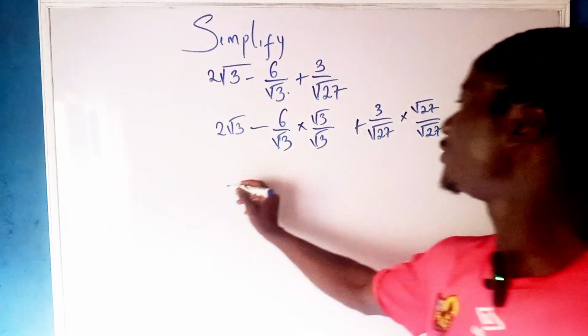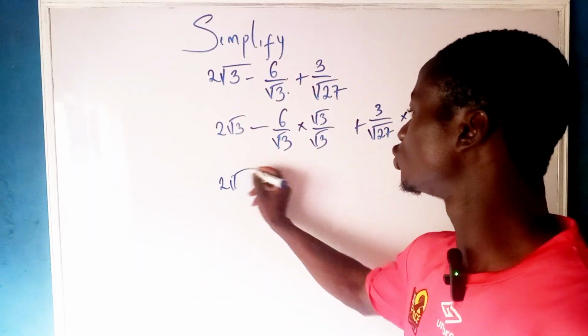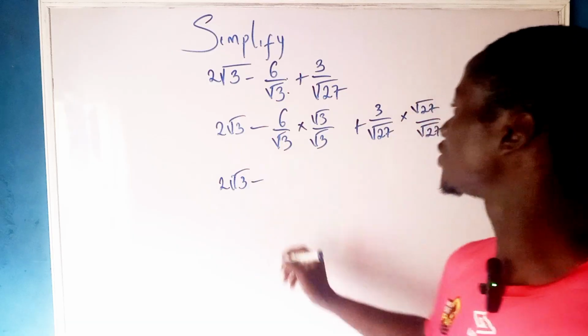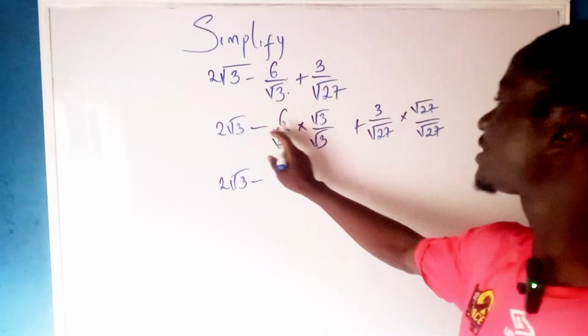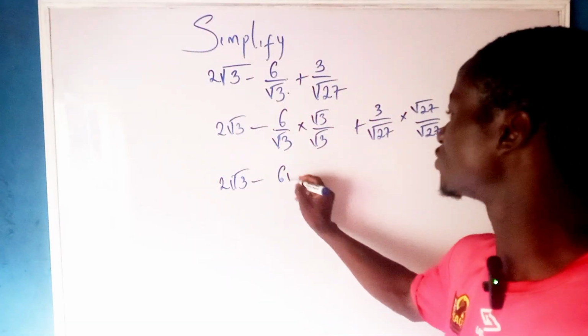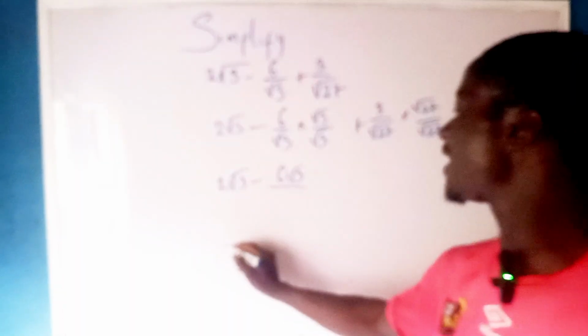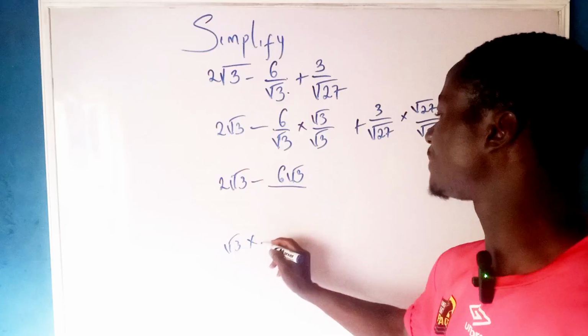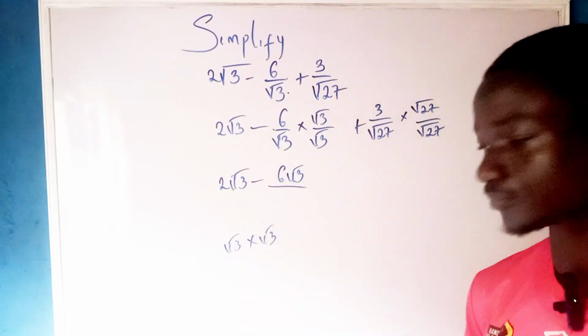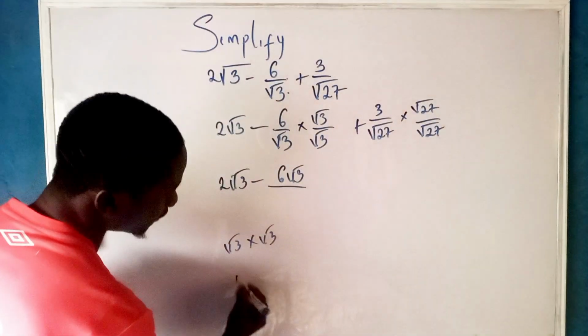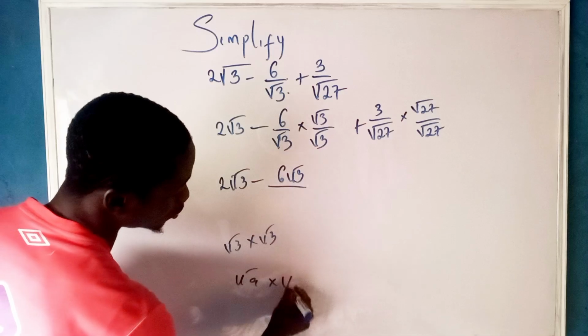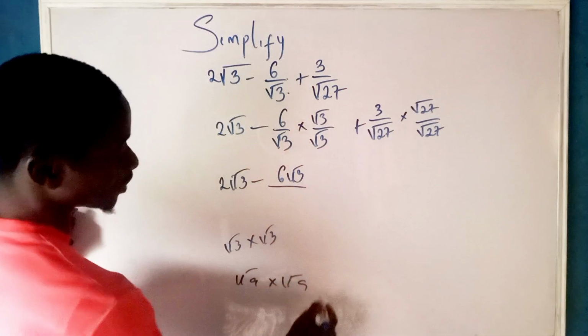So what do we have? 2 root 3 minus 6 times root 3. That gives us 6 root 3 all over, when we have root 3 multiplied by root 3. If we have root a times root a, it gives us what?